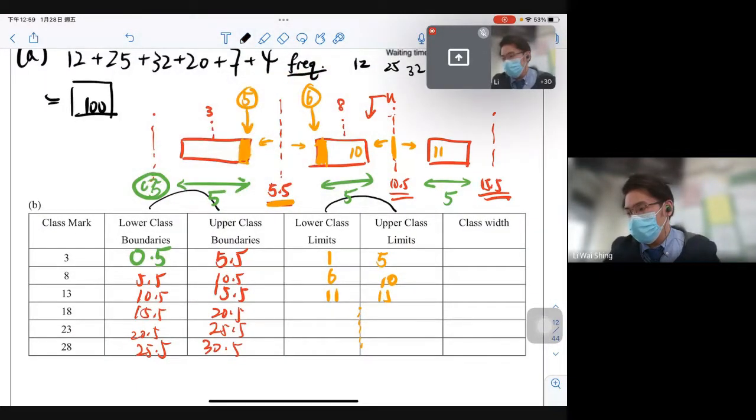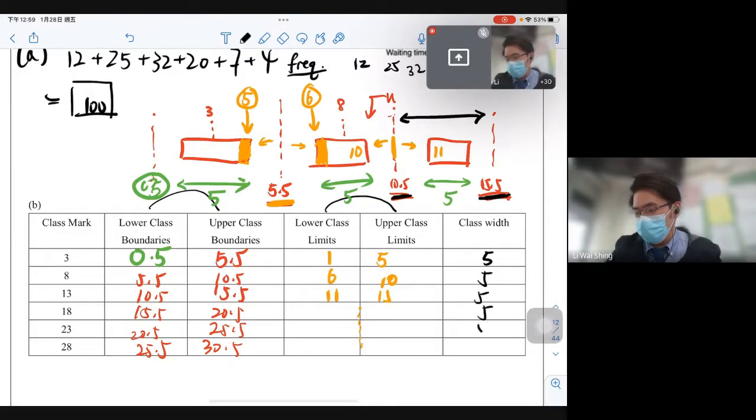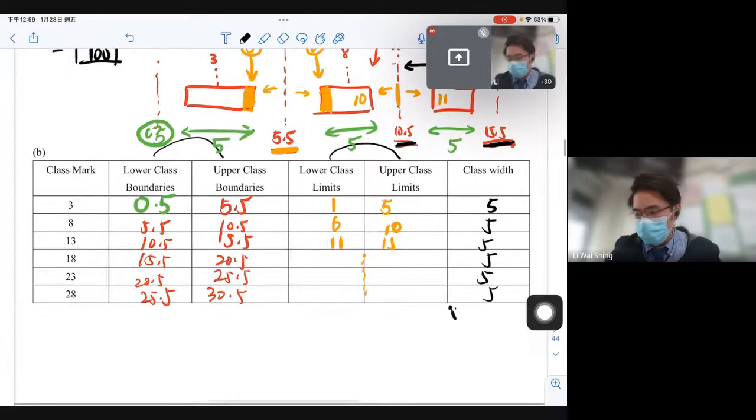And for the class width, you know that is the width, the difference between the boundaries. So it's just 5 units. Remember, you need to use the class boundaries.